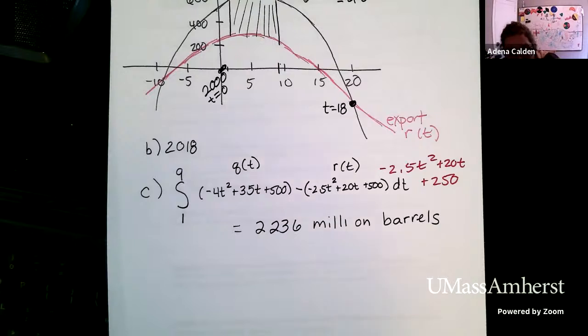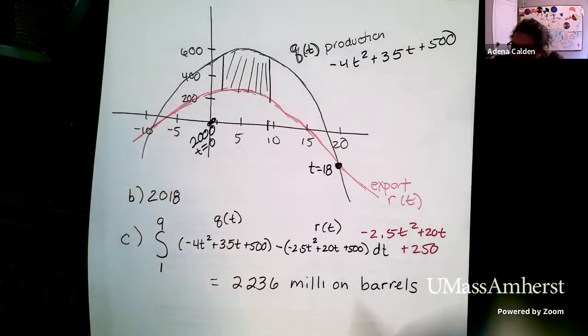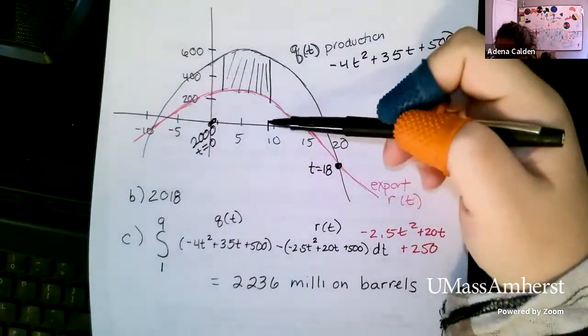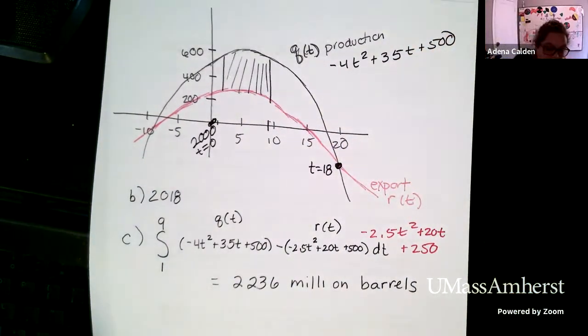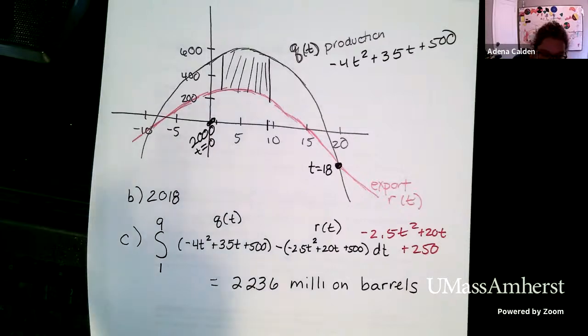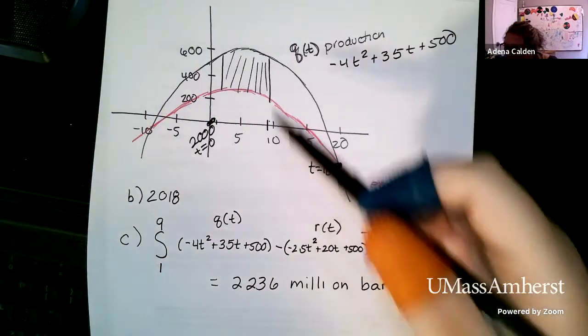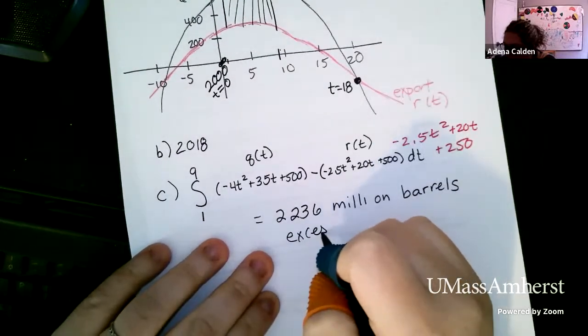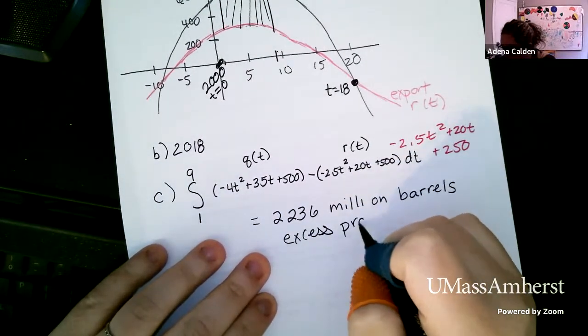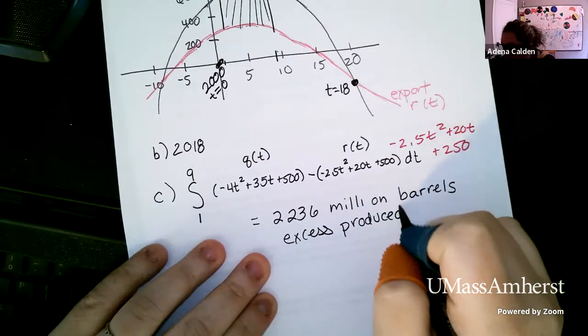What does the area under the curve tell us about the situation? Remember that we are producing all the area under Q. We are exporting all the area under R of T, or the red one. And so the area between the curves is the extra or the excess produced. So that's the amount that was not exported.